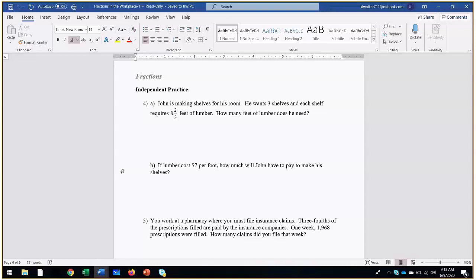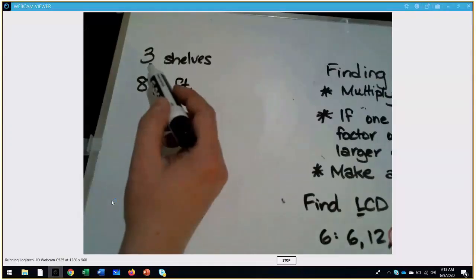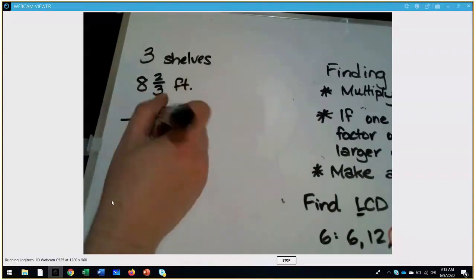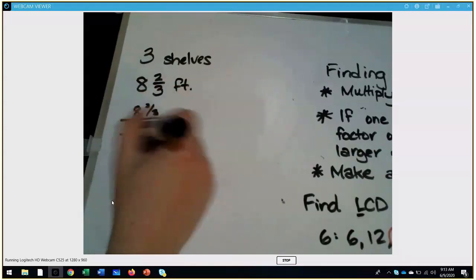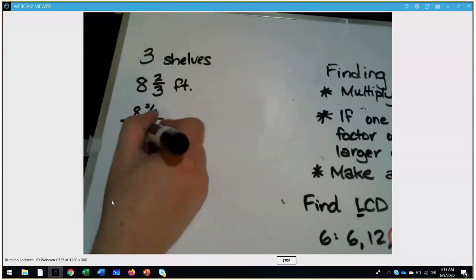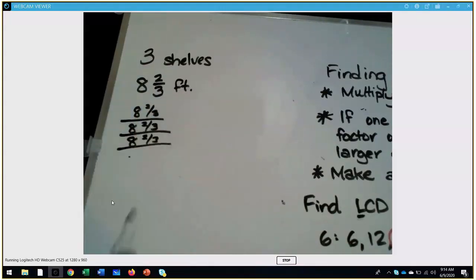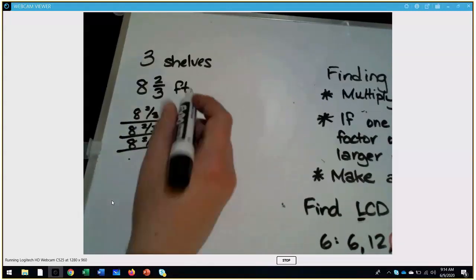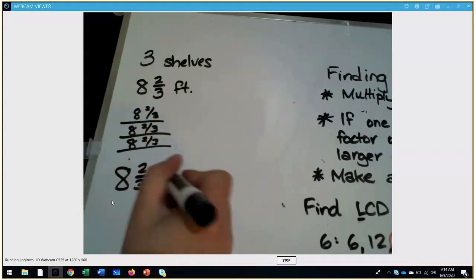So how many feet of lumber does he need? We're making 3 shelves. Each of them is this long. So 8 2/3, then another 8 2/3, and then another 8 2/3, for people who need to visualize this. These are the 3 shelves he's going to hang on his wall. So it's 8 2/3 times 3.